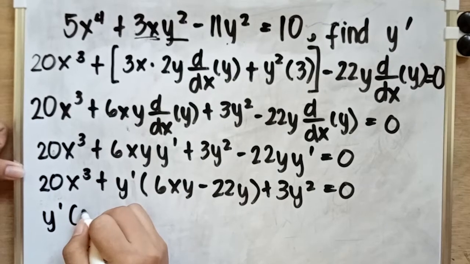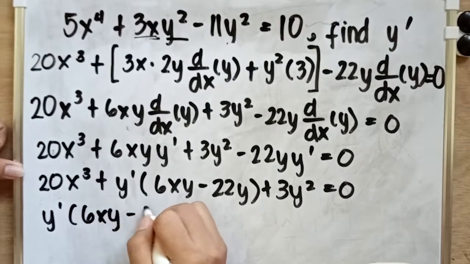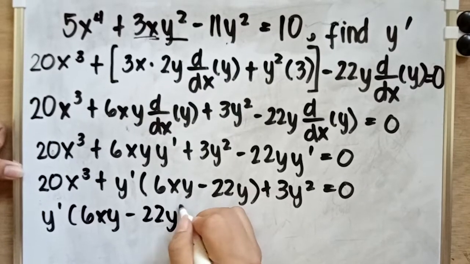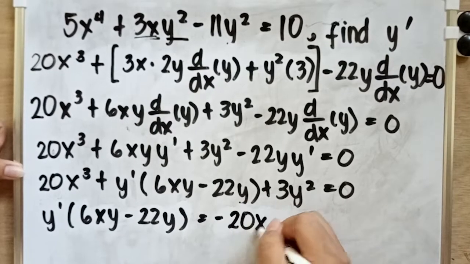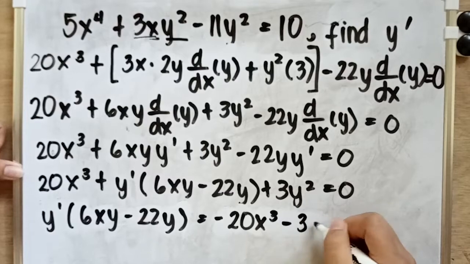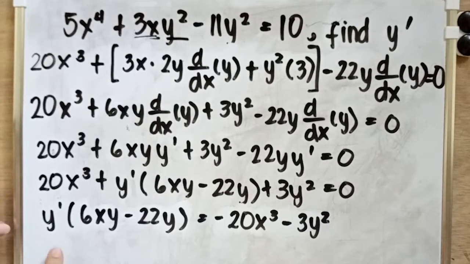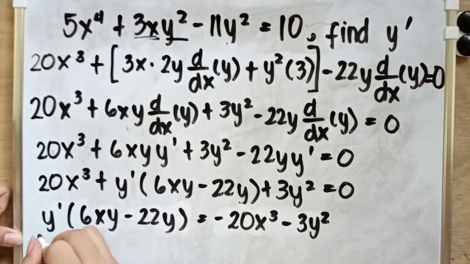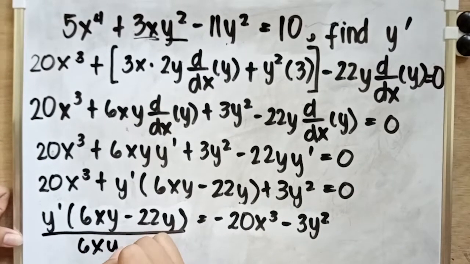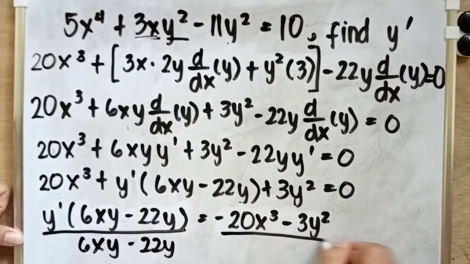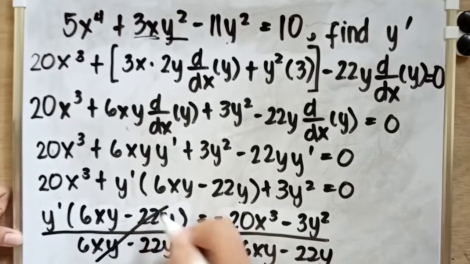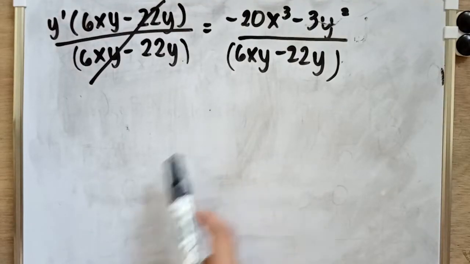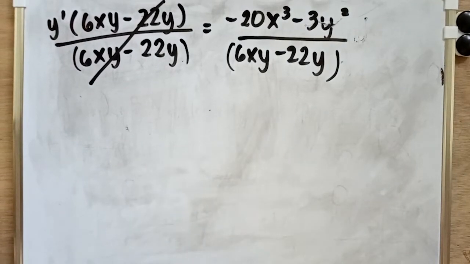We get y prime times 6y minus 22 equals negative 20x cubed minus 3y squared. Then divide both sides by this term, 6xy minus 22y. Then cancel. Ang nakuha nating value is negative 20x cubed minus 3y squared over 6xy minus 22y.